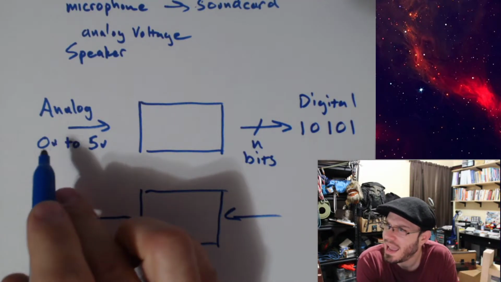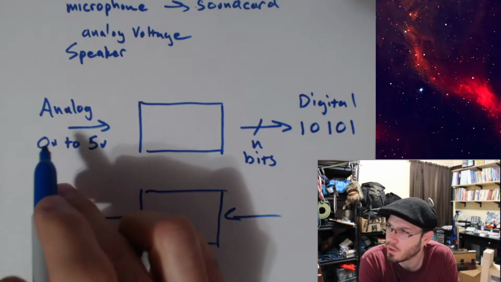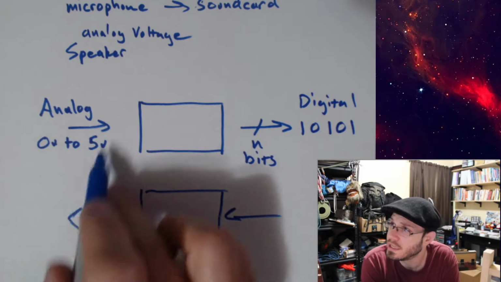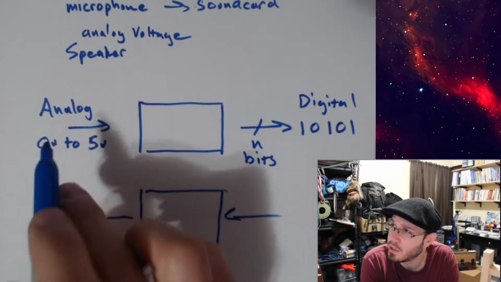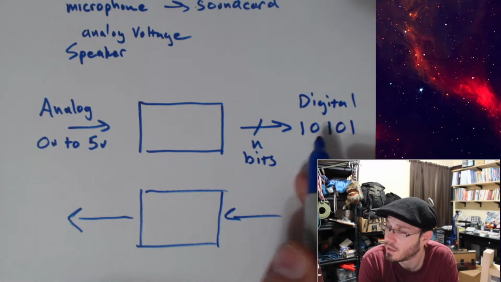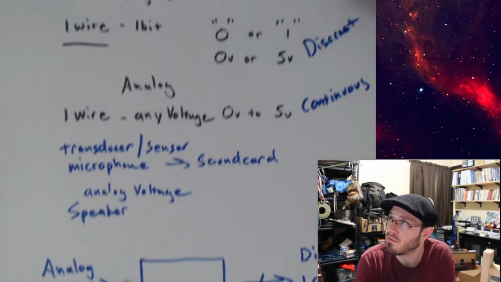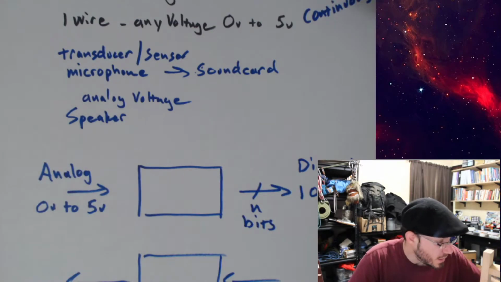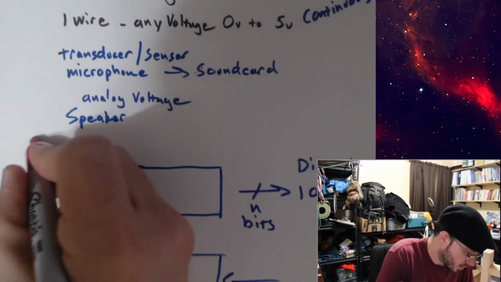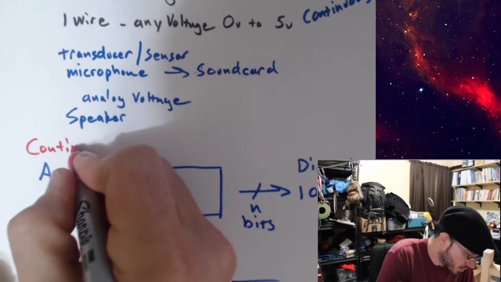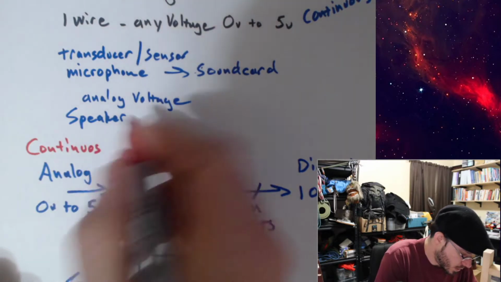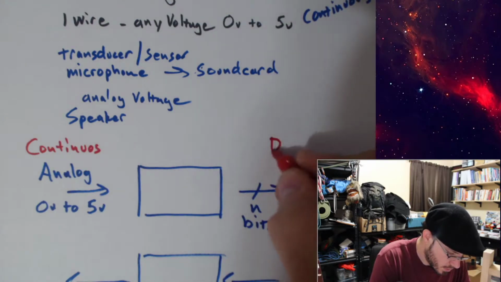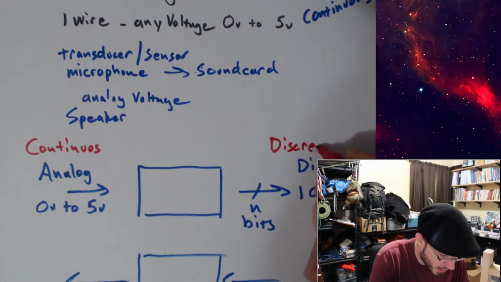Right? So we might have 0, 0.1 volts, 0.2 volts, 1 volt, 3 volt, 5 volts, whatever the voltage is over here, and we want to be able to convert that into a number, be able to convert that into a discrete value. So what we're really talking about is converting from the continuous domain to the discrete domain.